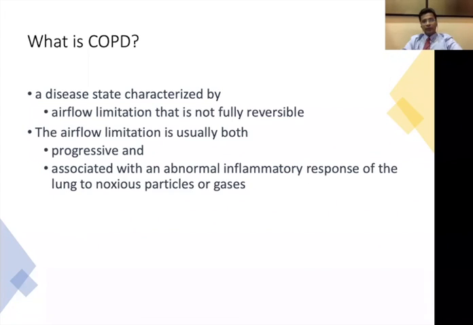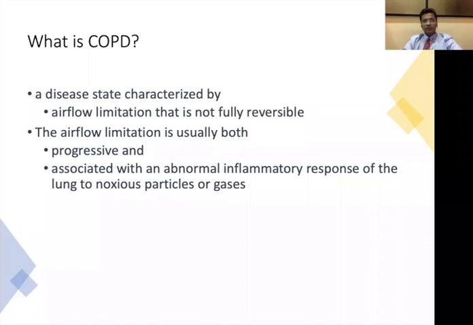And this airflow limitation is usually progressive. In asthma, if you remember, there was a huge variation within the day and also in between the days. Some days it's really bad, some days it's much better. But here, this variation is very minimal, and it is more progressive.